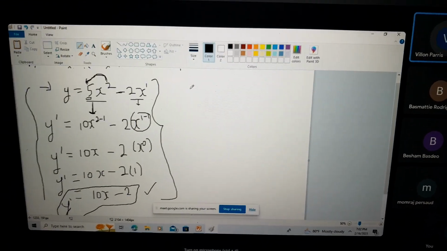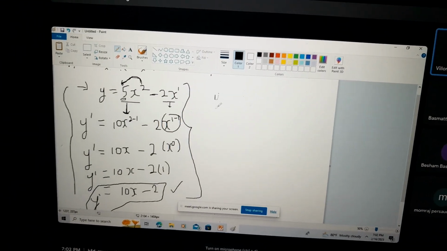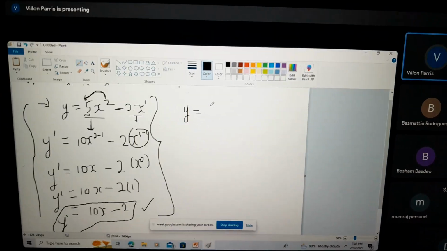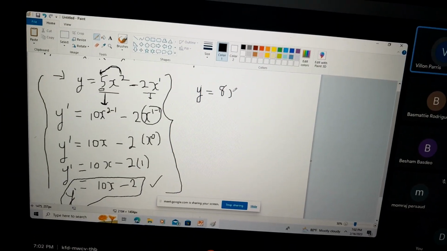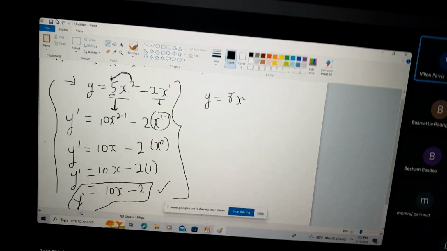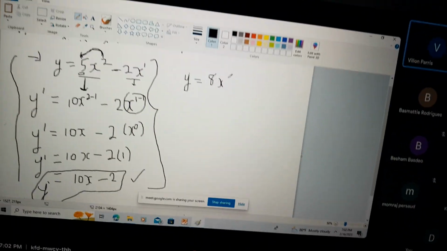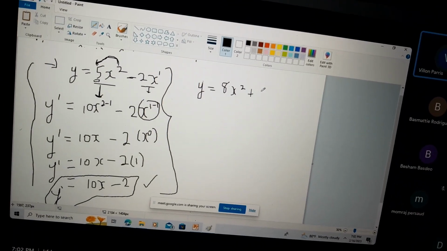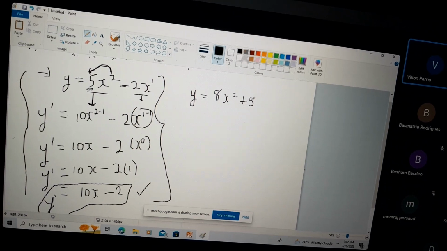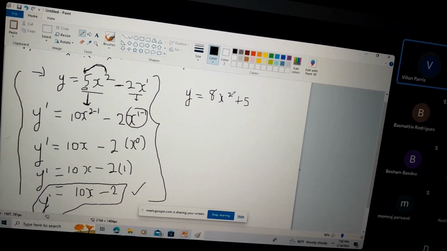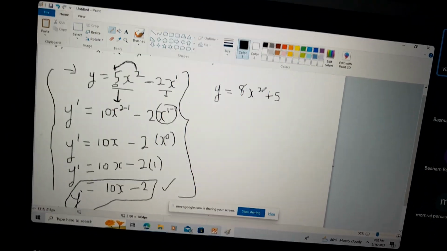So let me show you fast track now how we use this rule. So let's say y is equal to 8x squared plus 5. Now let me not use square. Let me use probably to the third power, yeah.